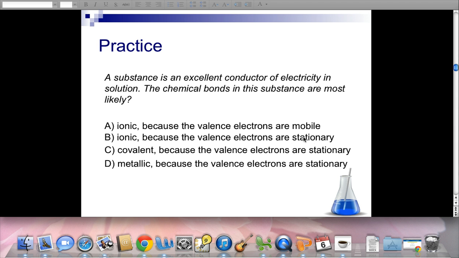Well, we can rule this out because to be stationary, you would not have an electrical current. And that leaves A and D. And D, metallic, because the valence electrons are stationary. Stationary, that crosses this one off. So the answer would be A, ionic, because the valence electrons are mobile. Now keep in mind, since this is in a solution, this would be the correct answer, A.